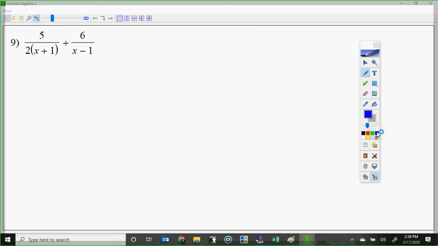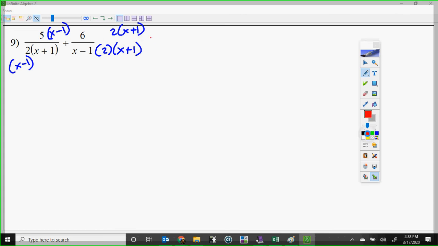Okay, so let's see, what are we missing out of each one? Well, on the left side, we need an x minus 1. On the right side, we need a 2 and then x plus 1. Okay.